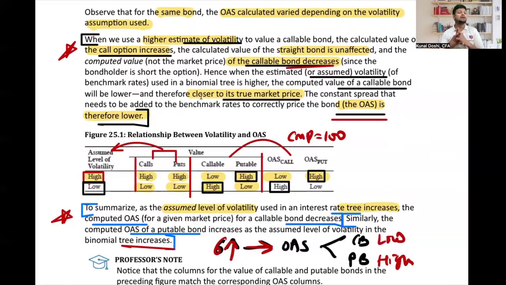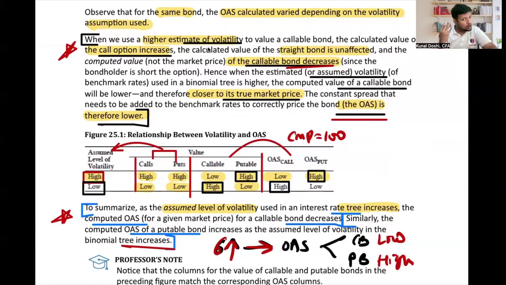Understood? Callable bonds' yields are higher. So what will happen now? Because of the volatility, they become closer to the market value because there is a chance of the option being in the money. So they are more closer to the market price. When they are more closer to the price, their OAS, option adjusted spread, will fall.